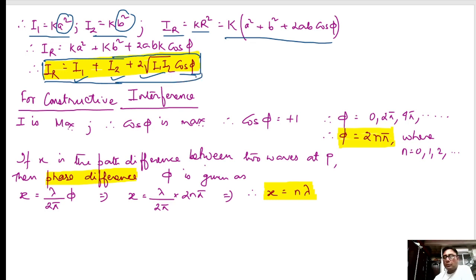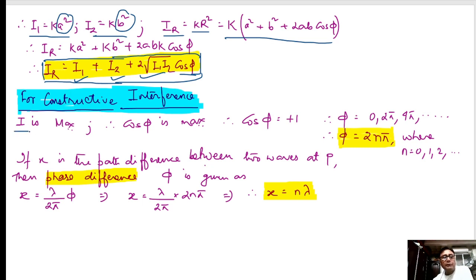Now we will find out where this intensity is maximum and where it is minimum. For maximum, we call it a constructive interference. For maximum interference, that means for a bright band, that is called constructive interference. So we want to find the condition for constructive interference.